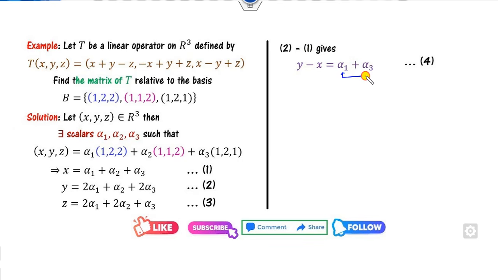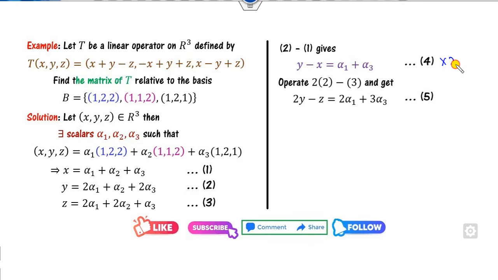Now you can see you need alpha 1 and alpha 3. If I see from this, if I multiply this equation by 2 and subtract from here, then you can see 2 alpha 2 and alpha 2 will be cancelled out. So that means if I multiply the second row and subtract the third, then you will get this expression. Now you can solve this. How can you solve them?